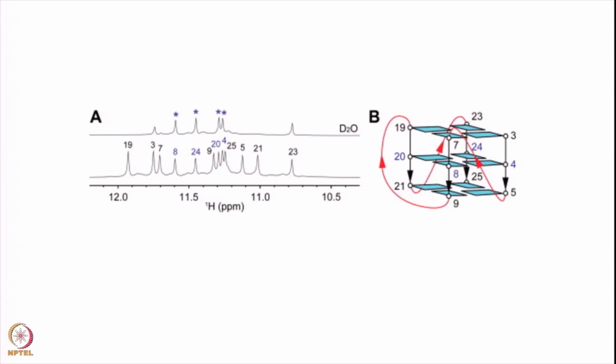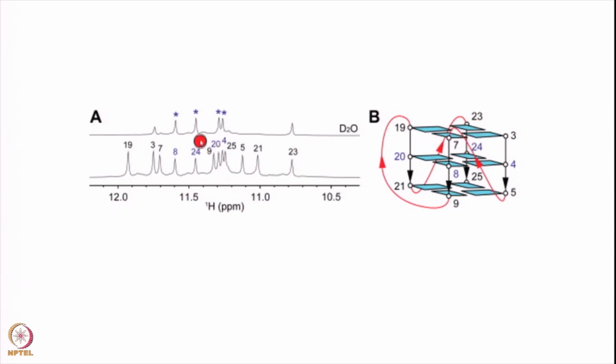So it's amazing the way the DNA chain is folding here, and because of that you will have different orientations of the glycosidic torsion angle, the sugar geometries will change, and because of that all of them become non-equivalent, and you see the distinct chemical shifts for the 12 G's which are present in this G quadruplex.